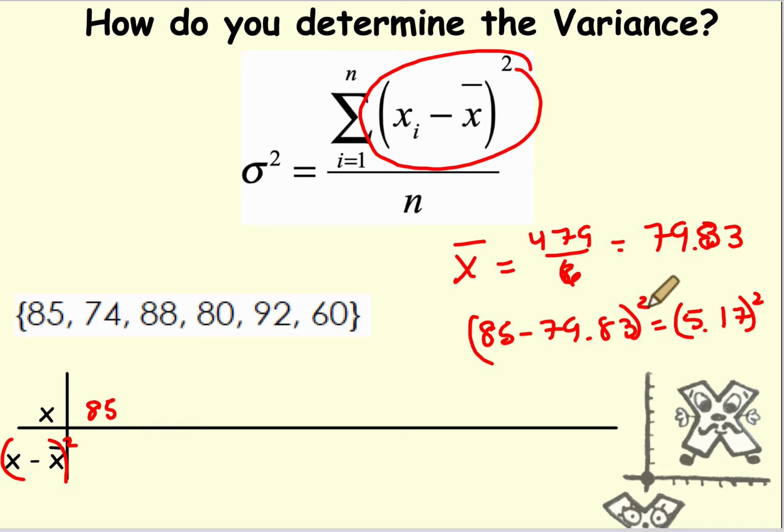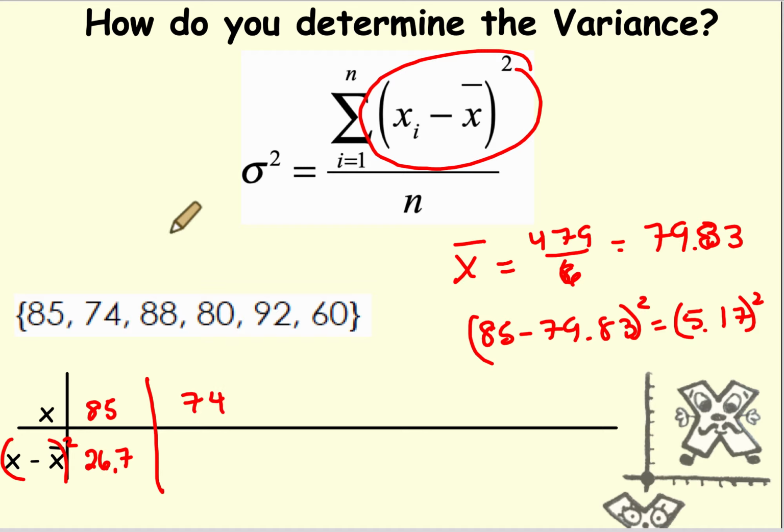So what do I get? What you should have gotten is about 26.7. And then we go to the next number and we repeat.